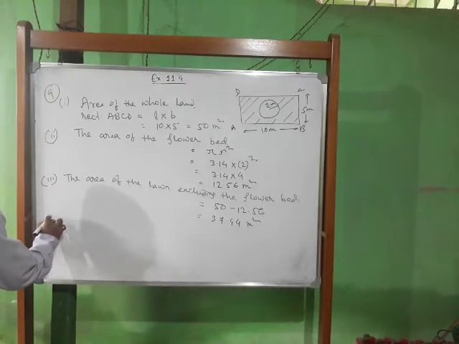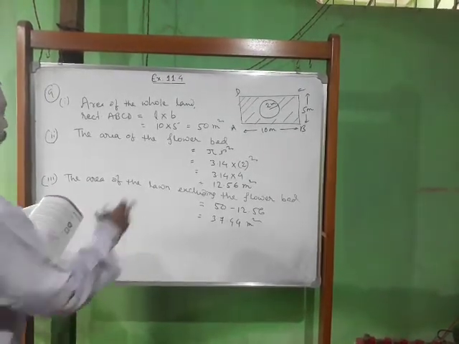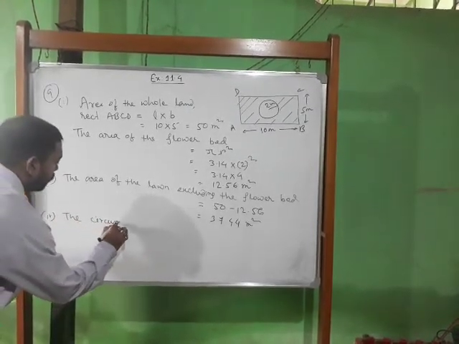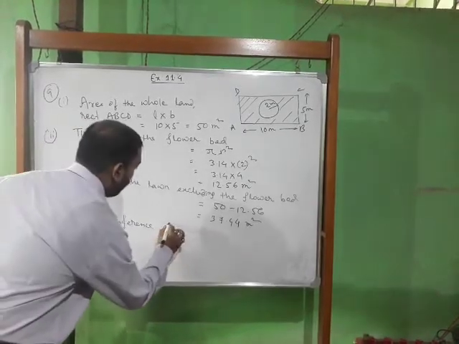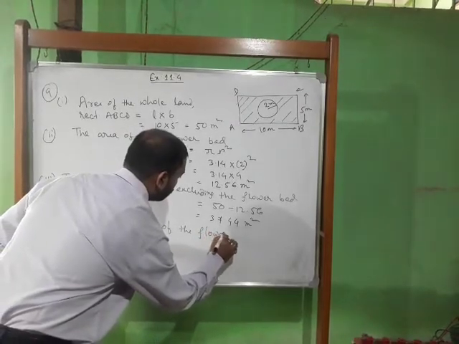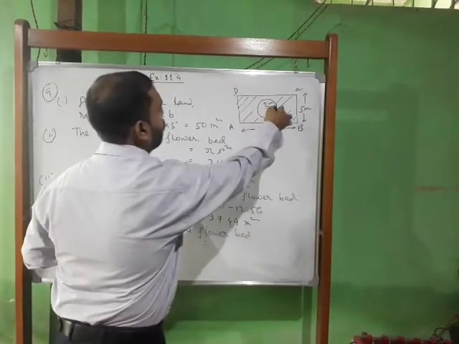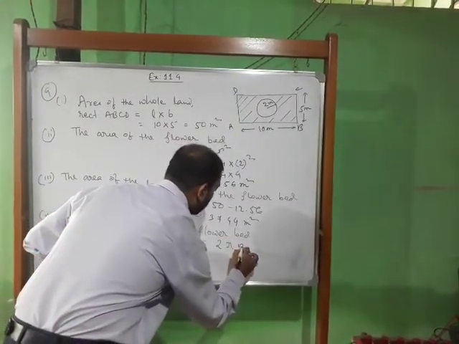Number 4, the circumference of the flower bed. It is nothing but the circumference of the circle, that is 2 pi r.